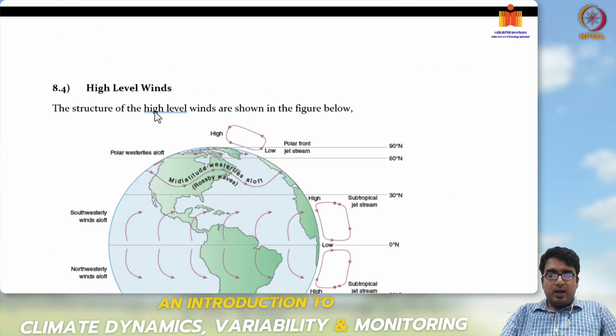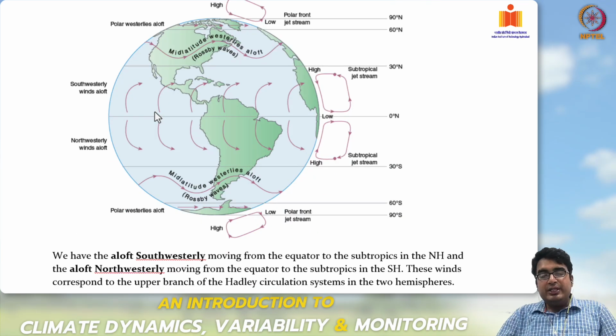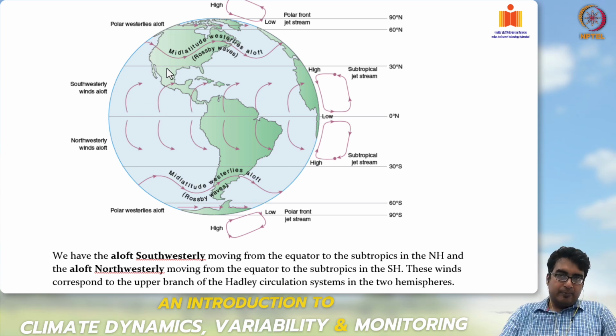So the question now is, how are these circulation systems directed? Clearly, between the equator and the subtropical high pressure belt, the aloft winds are moving from the equator towards the subtropical high pressure belt.